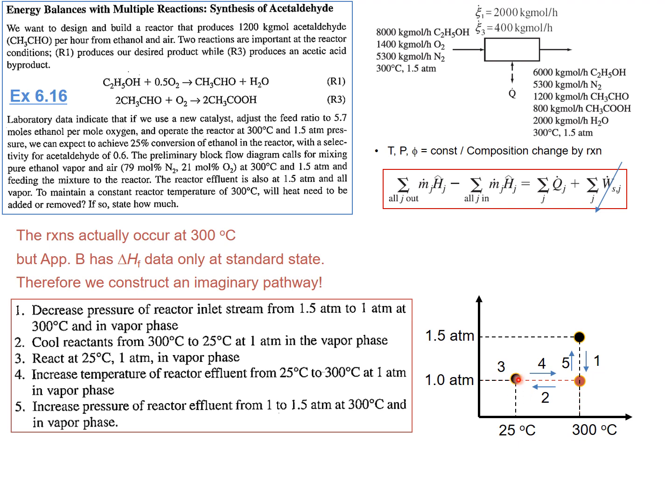So we will make a reaction happen at this point, and then go back to the 300 Celsius degree at the constant pressure of 1.0 atm, and then increase the pressure to the original value, which is 1.5 atm. So we will have 5 steps to calculate the enthalpy term at 300 Celsius degree.